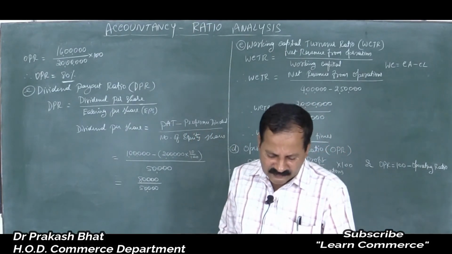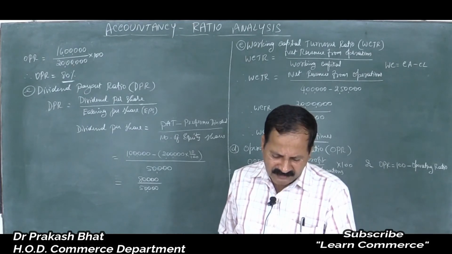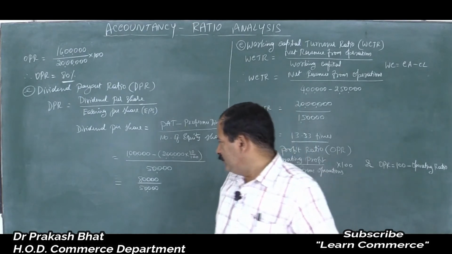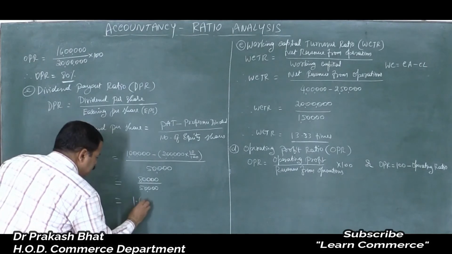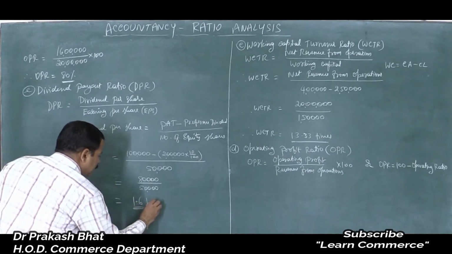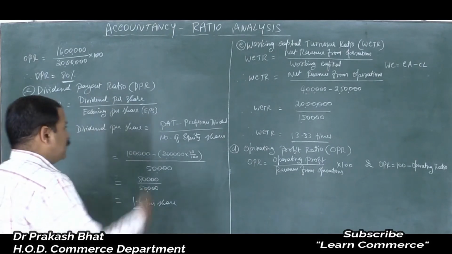So how much it is? Divided by number of equity shares, 50,000. Yes, so 1.6 it is. Is it correct? 1.6 per share.